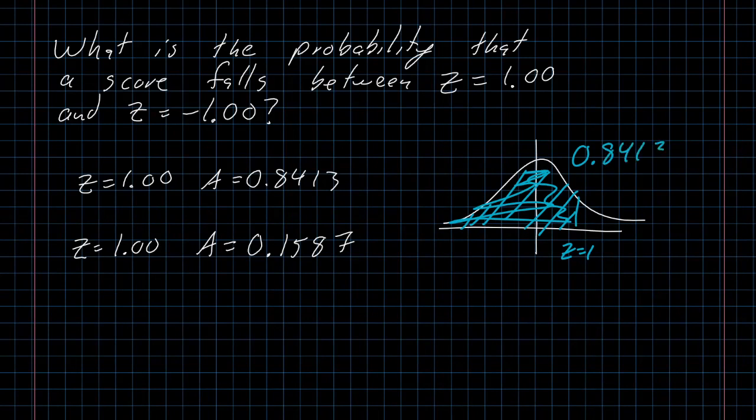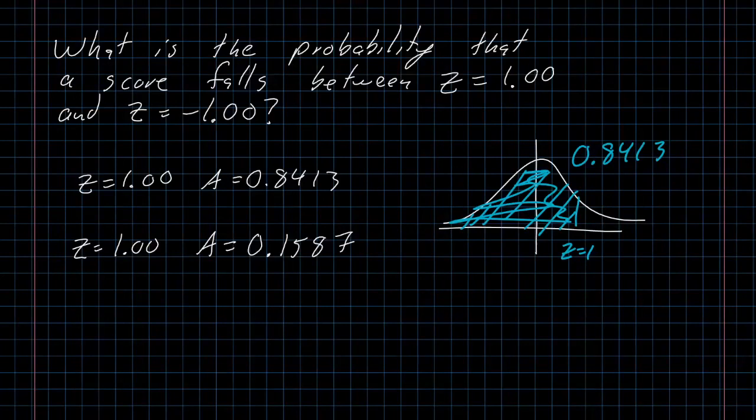Or again, thinking about that as a percentage, 84.13% of all of the space in the distribution, all of the area under the curve on the histogram, is in the blue shaded region.